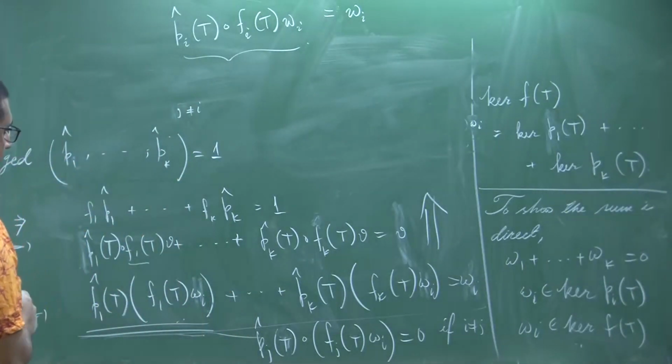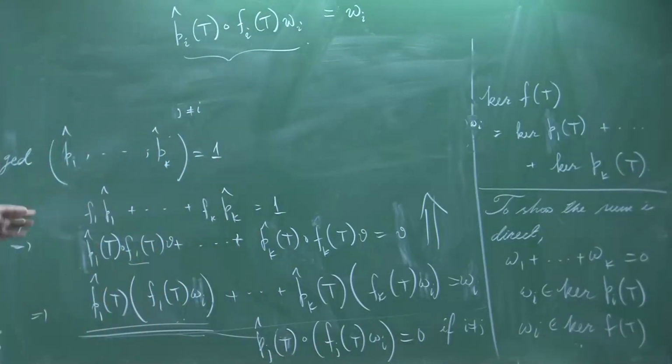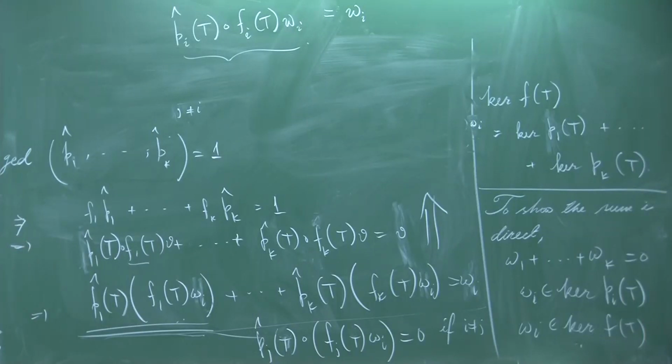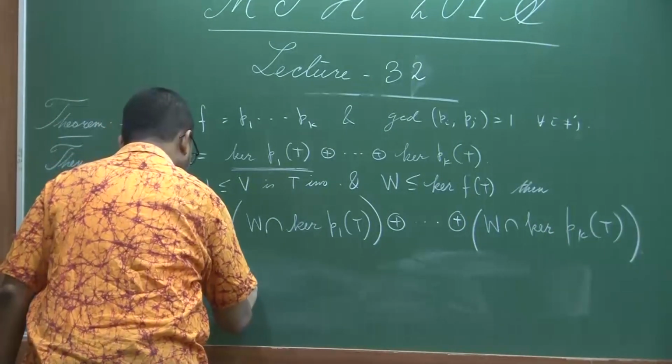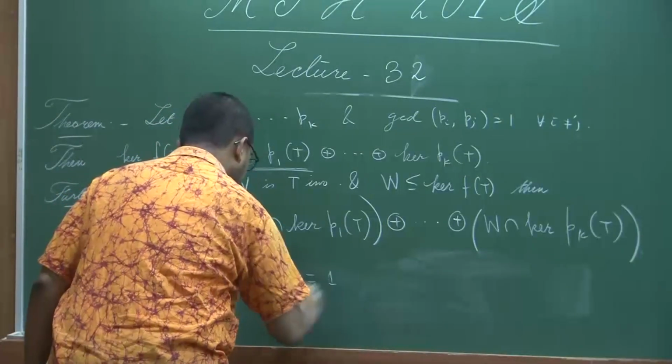Well, since I get stuck, let me try to get the idea of how to prove it in generality. Let me do the case for P1, P2, then that will actually help motivate me to look in generality. So, let us see the case only two polynomials P1, P2. Okay. So, we have P1 Q1 plus P2 Q2 equal to identity.